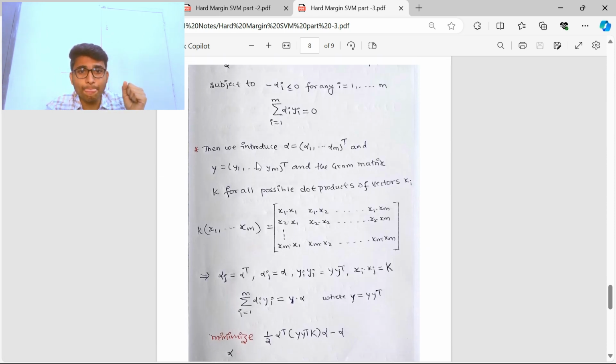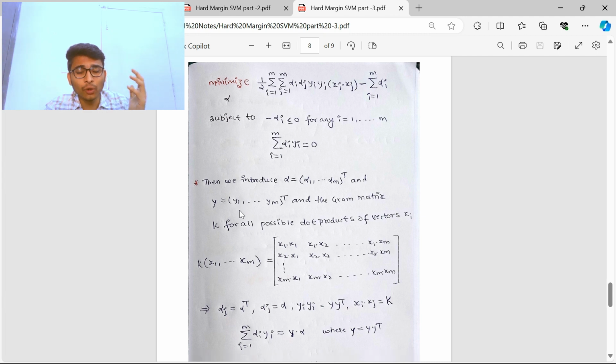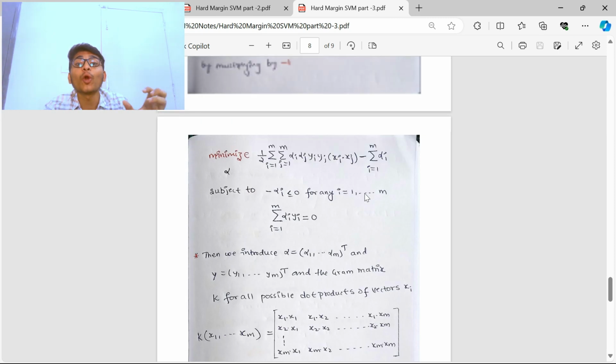Now we introduce alpha as a column vector, alpha 1 to alpha m, and y as the column vector of all the values of labels, and the Gram matrix K. I am defining a matrix K for all possible dot products.